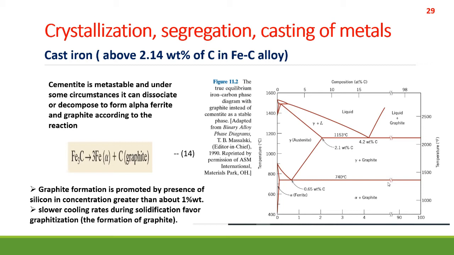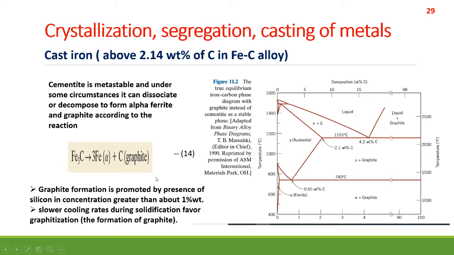So under certain circumstances, it can dissociate or decompose to form alpha ferrite and graphite. And the reaction is given here. You see, this is the cementite, and it has decomposed to alpha ferrite. And see, the carbon is in the form of graphite, which is a stable state of carbon.